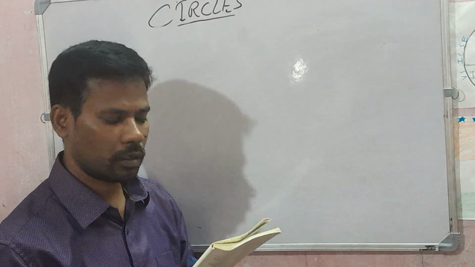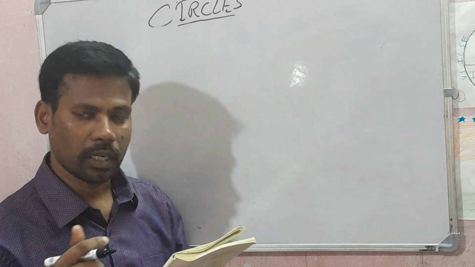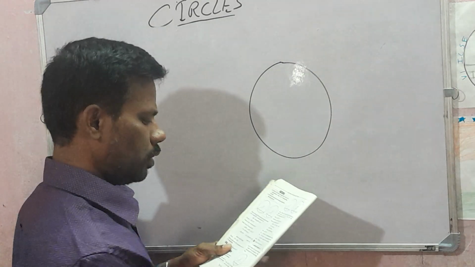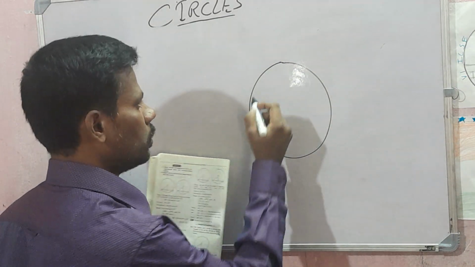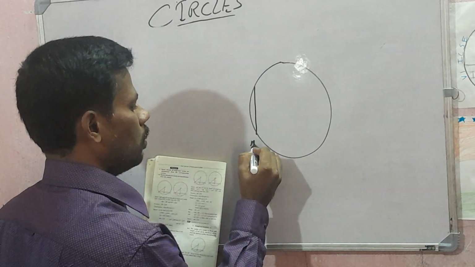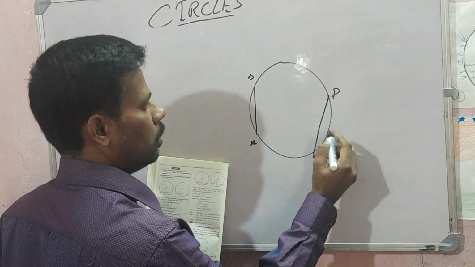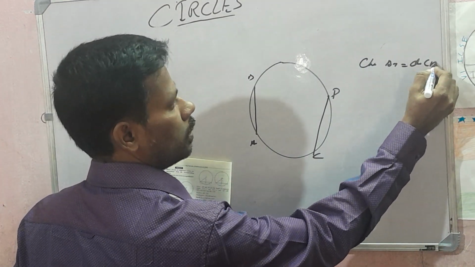Equal chords of congruent circles. What is the meaning of this? Equal chords. Equal chord means A, B, C, D. So chord AB is equal to chord CD.